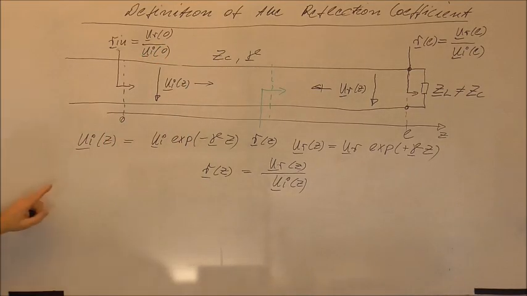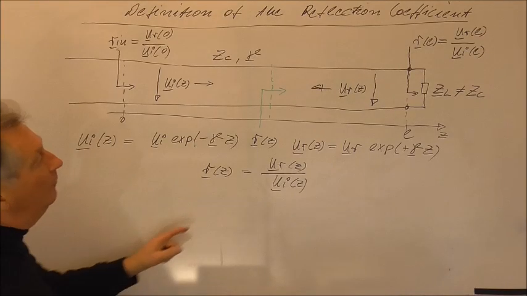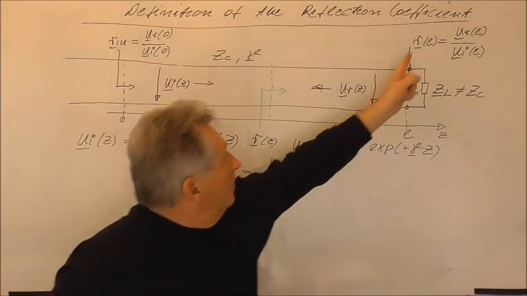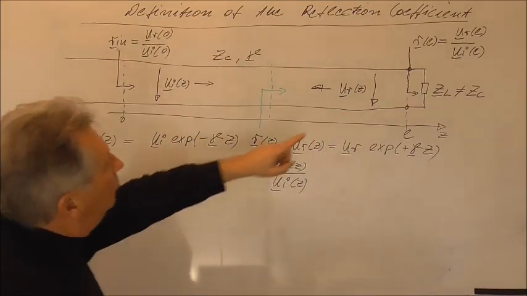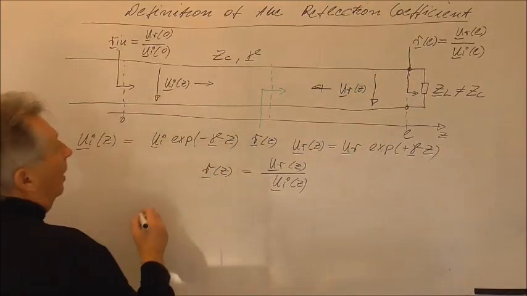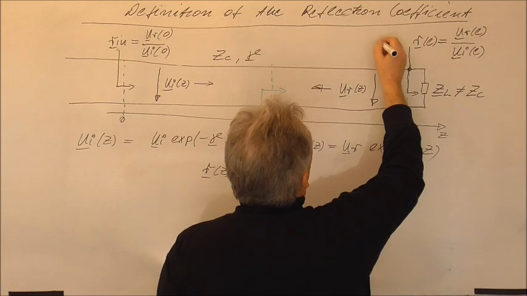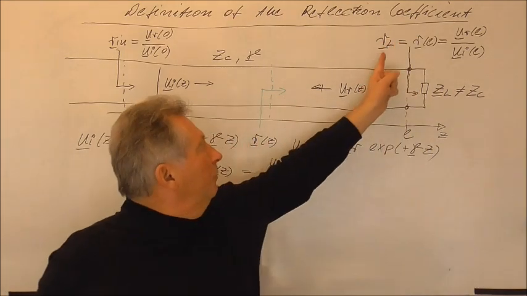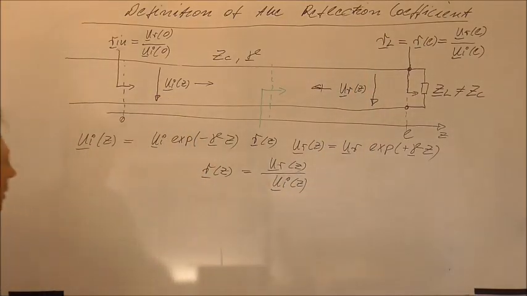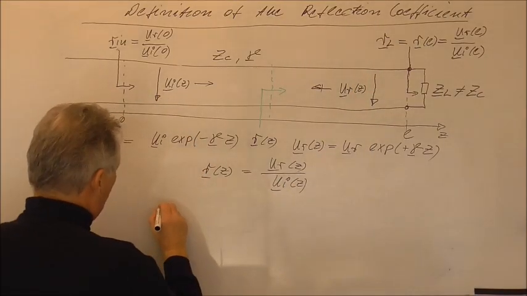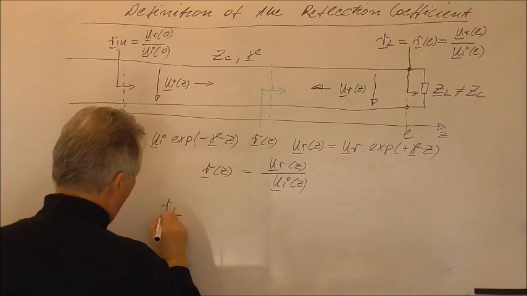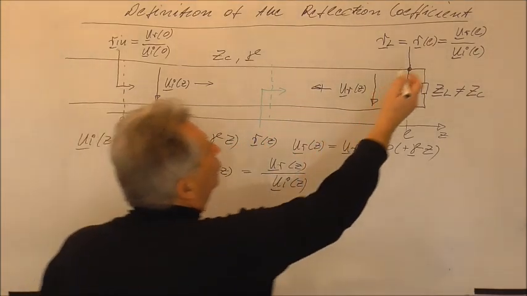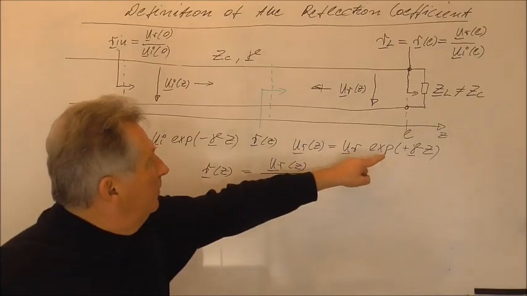So these are the two definitions, and for example we can now use this expression to calculate RL, which we sometimes also denote as RL, the reflection coefficient of our load. So we will get, for the reflection coefficient of our load, it will be equal to UR of L. So we use this expression.